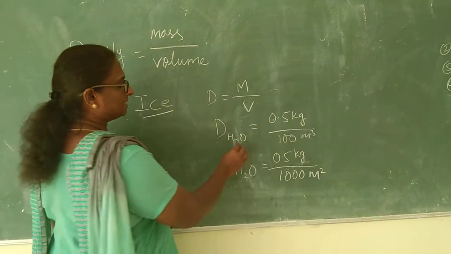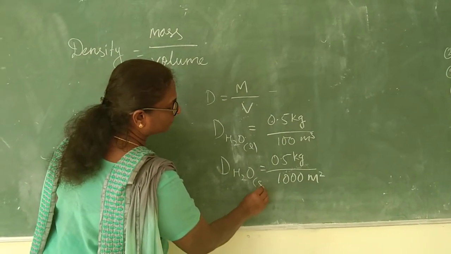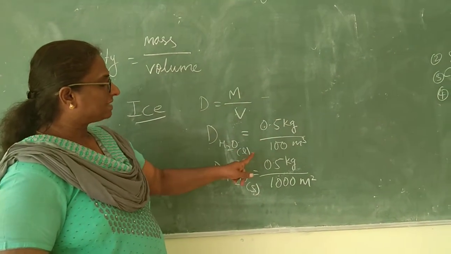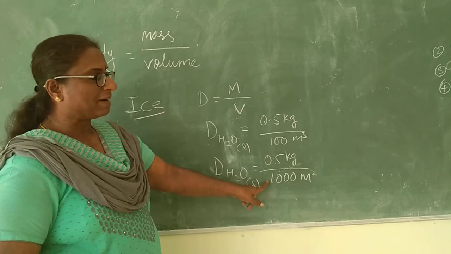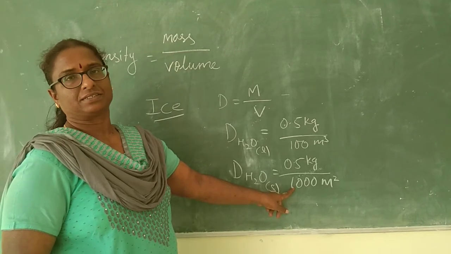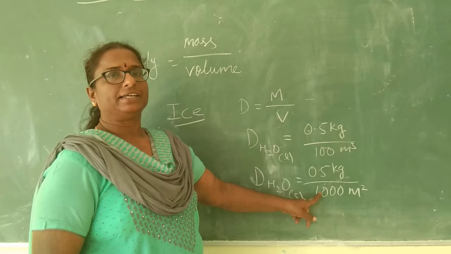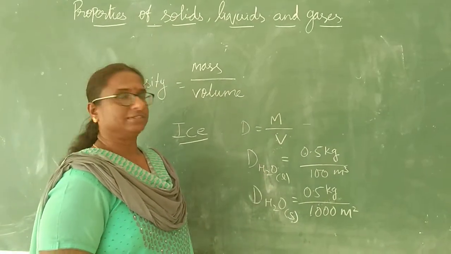So in the case of ice, the density is becoming less because it occupies more space. Ice occupies more space, that is why the density of ice is less than that of water.